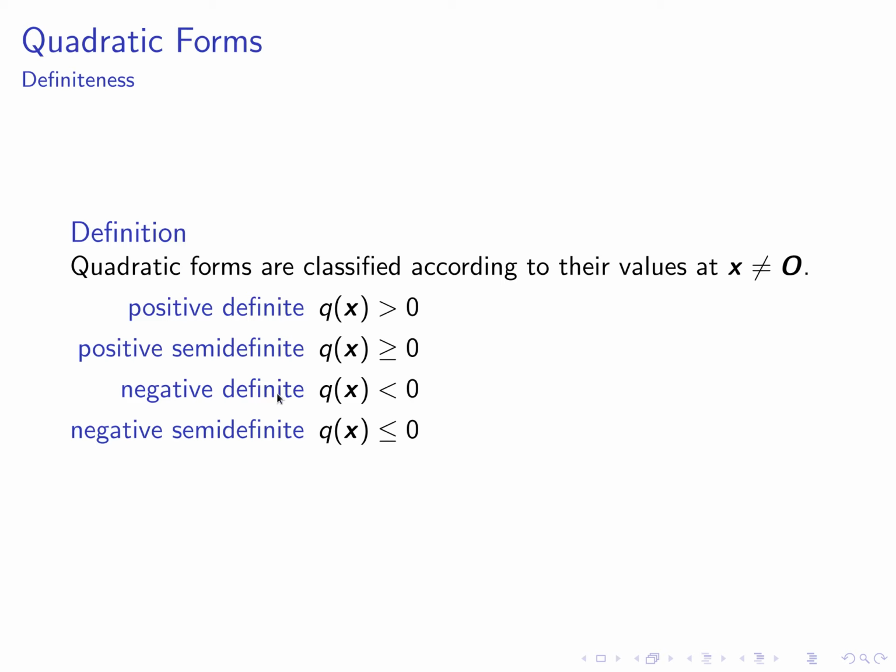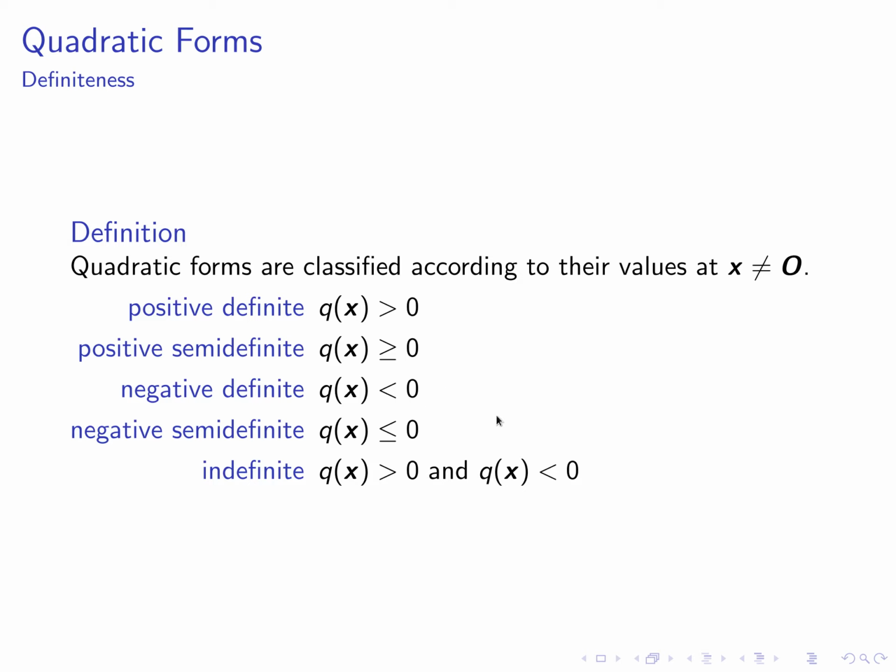And again, we have a relationship here. Every negative definite quadratic form is an example of a negative semi-definite quadratic form. However, not every negative semi-definite quadratic form is negative definite, because negative semi-definite quadratic forms are allowed to achieve the number 0 as an output, whereas negative definite quadratic forms aren't.